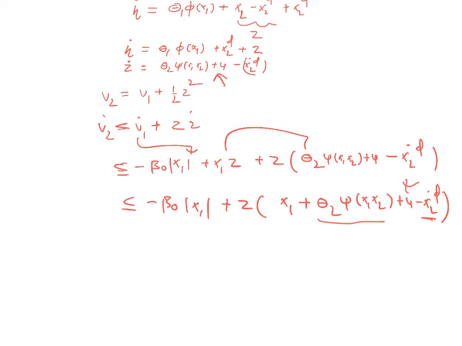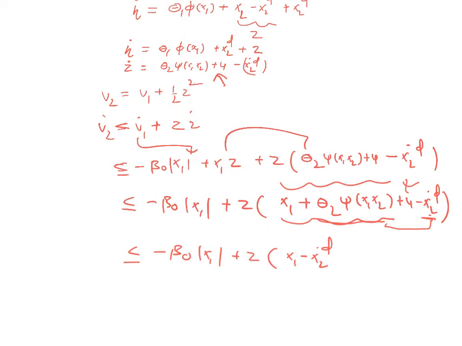So if I say, okay, less than or equal to minus beta 0 x1, so I can take the upper bound on this quantity and this quantity, right? So you can combine all this stuff. So z into x1 minus x2 dot desired, and if it is known, you can directly cancel out.